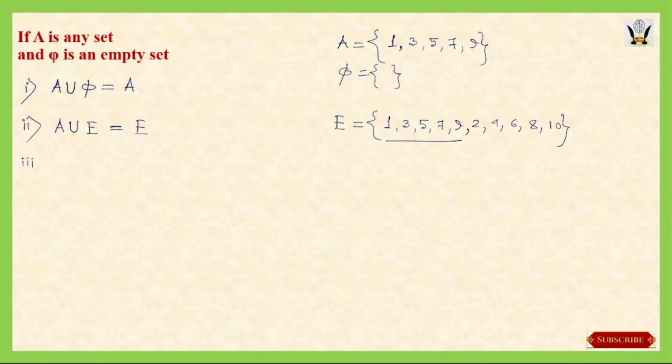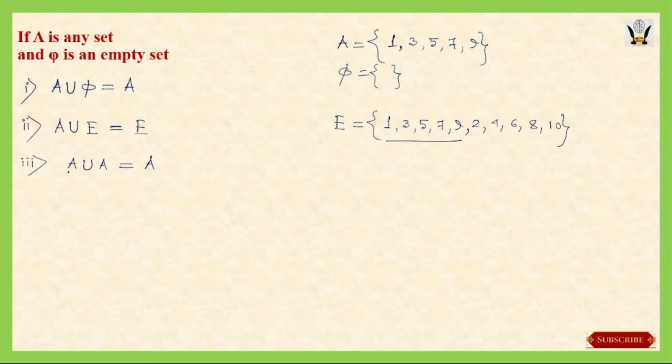Now the third relation that we will learn today is also related to union. If we perform union between two same sets, here A is already defined, the result of union will be A only.